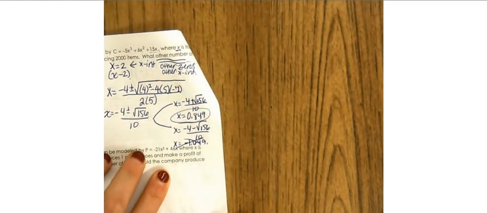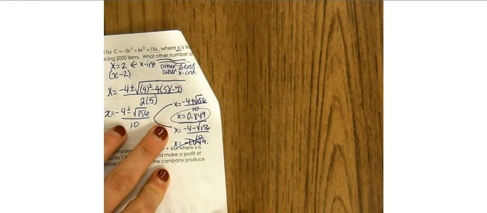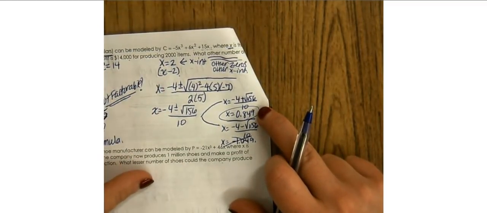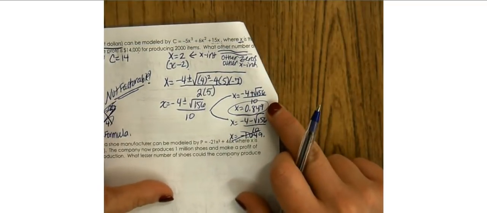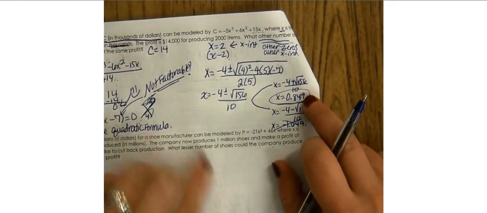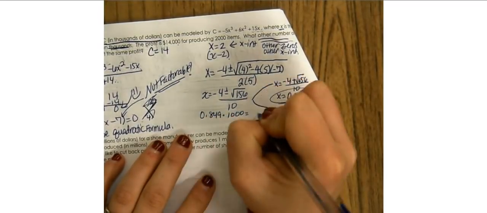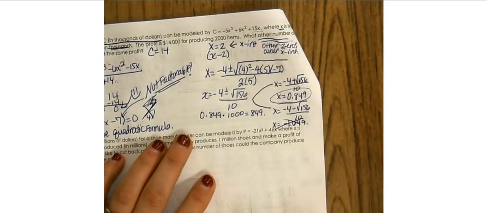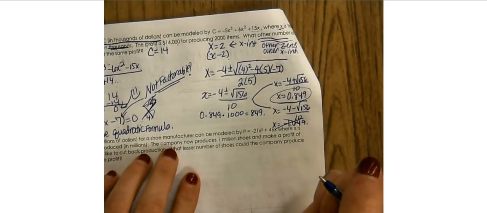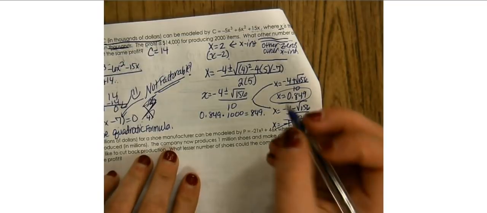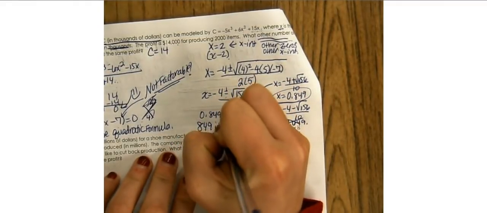So my answer is going to be 0.849, but even that number doesn't make any sense because we're talking about producing a number of items in the thousands. So we're going to have to take our decimal number of 0.849 and multiply it by 1,000, and that's going to equal 849 items. So what other number of items would produce the same profit? 849 items would produce the same profit.